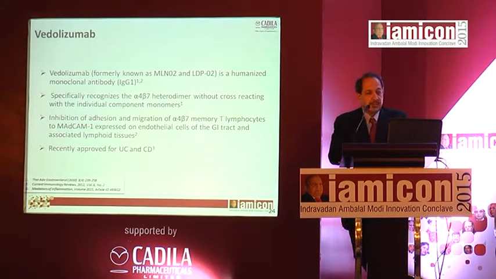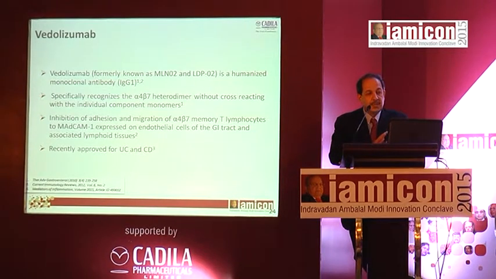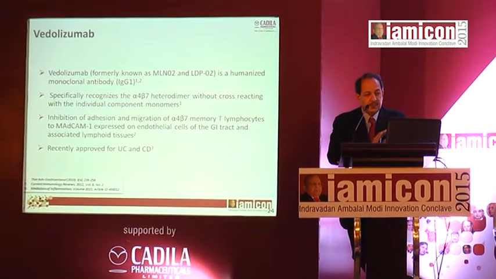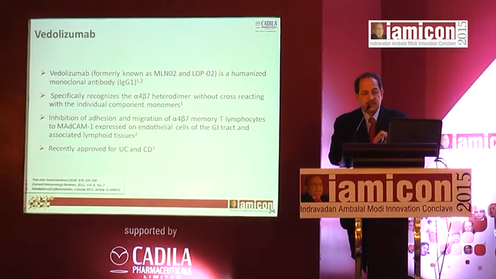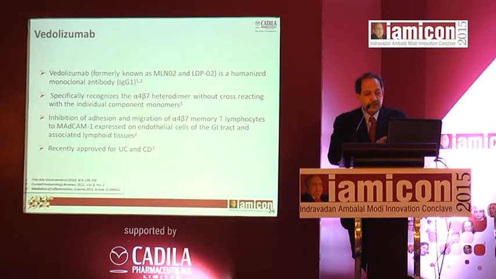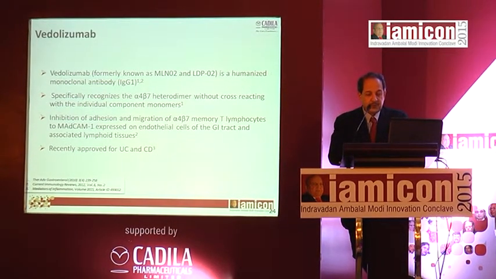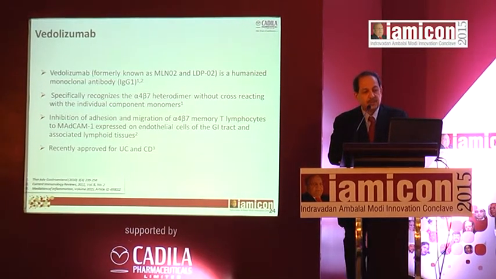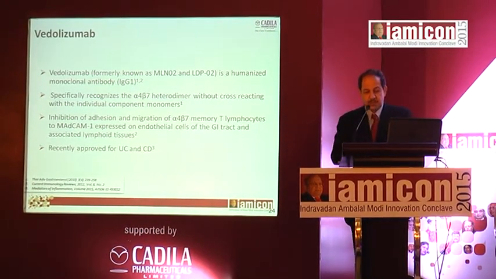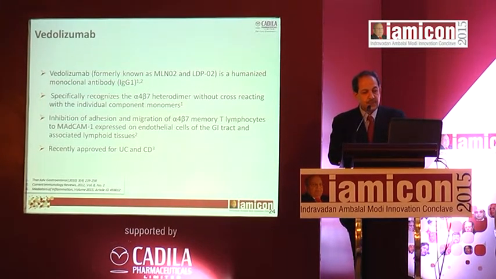One of the main attractions of using these molecules is that they can be used as first line, and in people who have not responded to the earlier first line. More specifically, unlike TNF-alpha inhibitors, these generally act specifically on the GI tract. This is an important advance, an emerging option, and I think within 2 or 3 years we may have this molecule available in India for our patients.